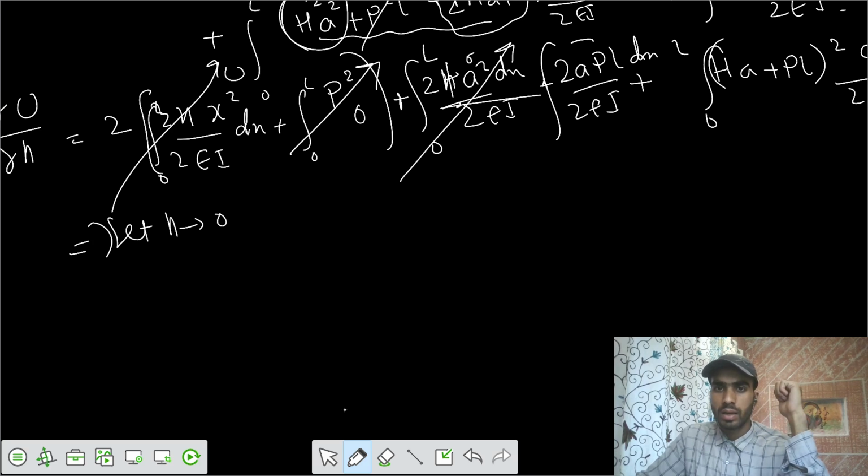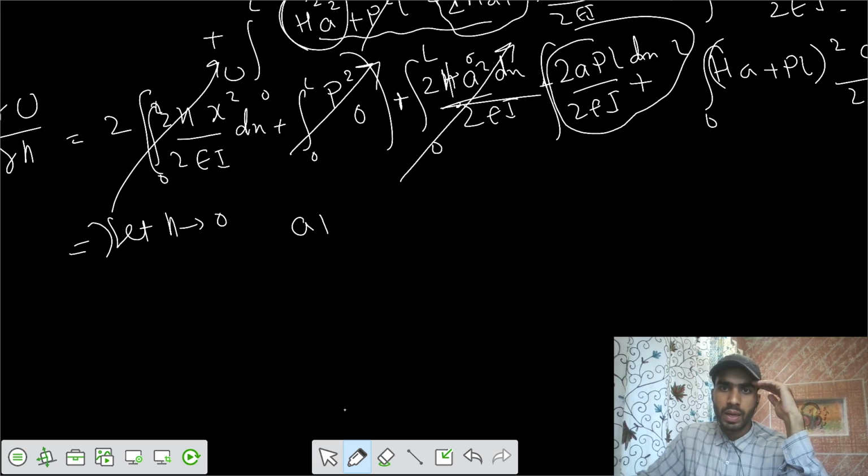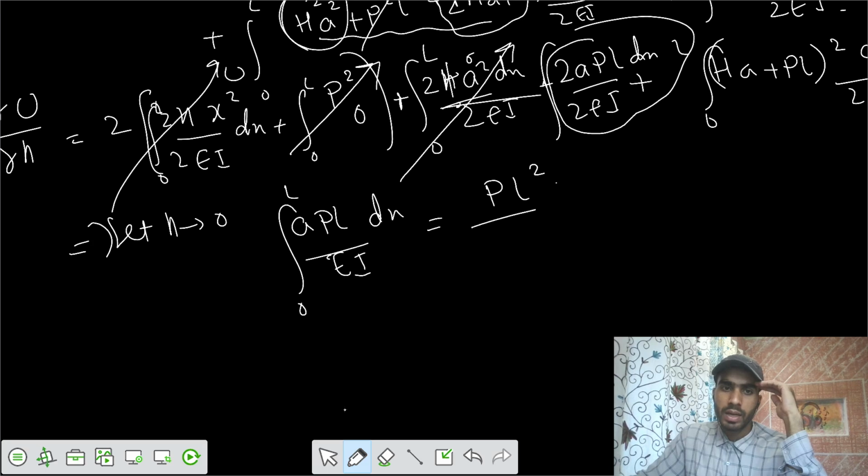The rest that remains is aPl dx by EI, integral 0 to l, which equals Pl² by EI into a.